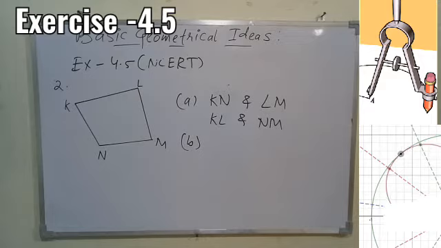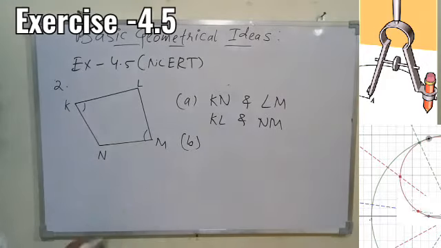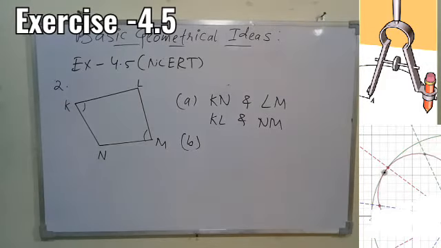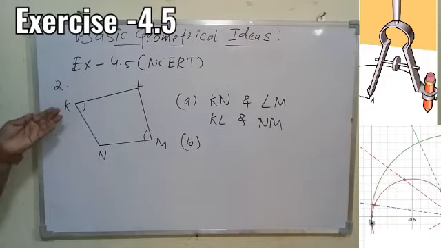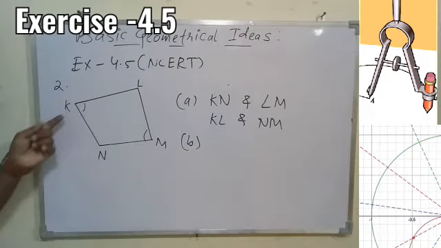Then B is we have to name the two pairs of opposite angles. So you understood here, this is one pair of angles which are opposite each other. So we can write either angle K and angle M, or we can give the proper name LKN.